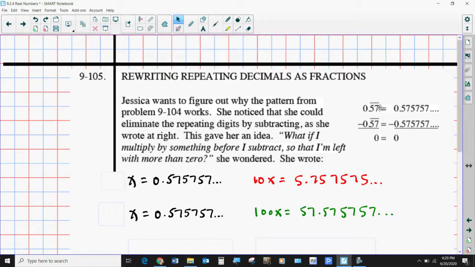And instead of writing it this way, I'm going to write it expanded out so you can see what's happening here. If I multiply both sides of this equation times 10, then an equivalent equation would be 10x.